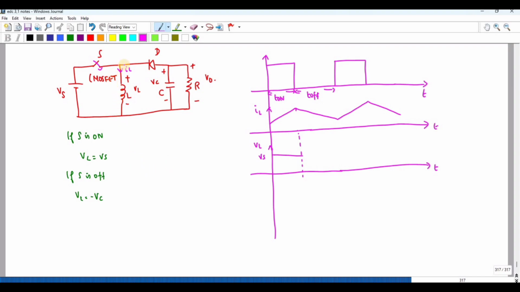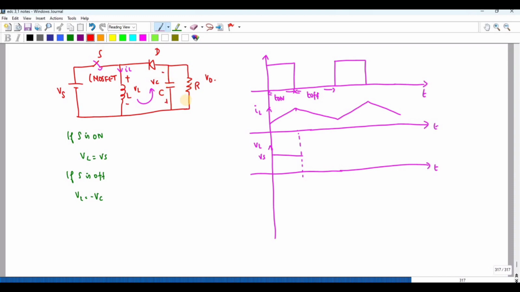When it is open, what happens? It will not flow in this direction, right? Since the switch is open, VL is not connected to Vs. Therefore, it will charge the capacitance in this direction, so I can draw this as plus minus.